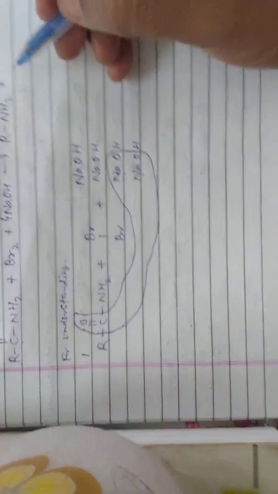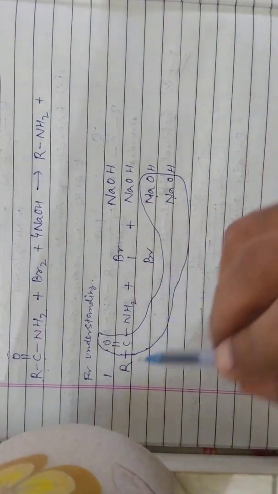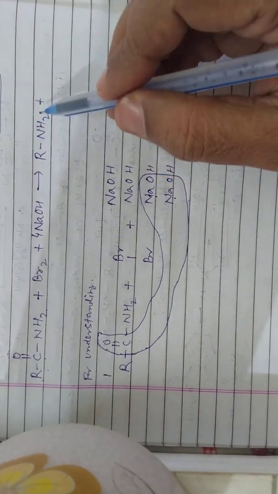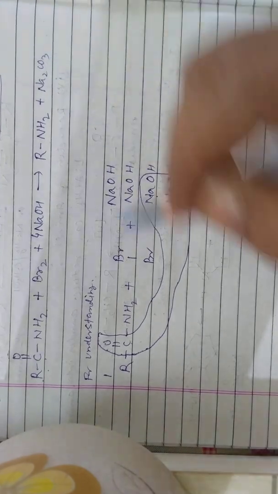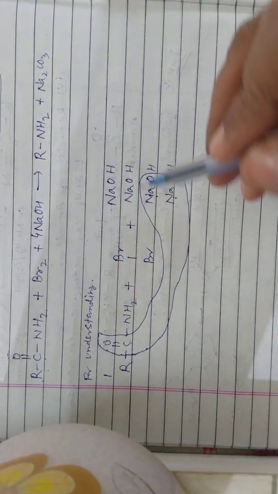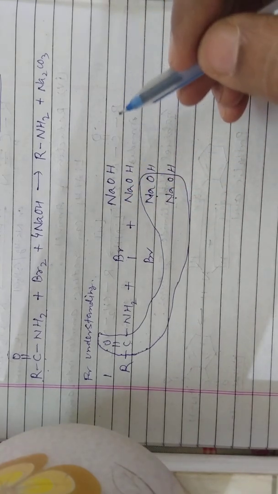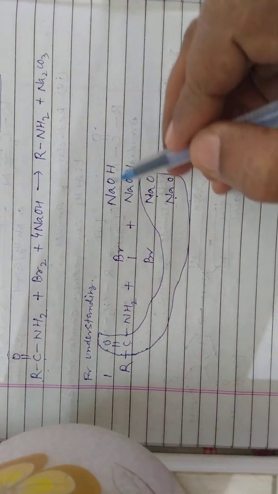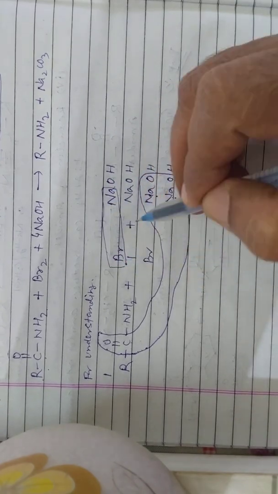So here you see the product we are writing. Na2CO3 is removed, then R will join with the NH2 group. So RNH2 plus Na2CO3. How can we write the other products? You see, this Na and Br, NaBr.